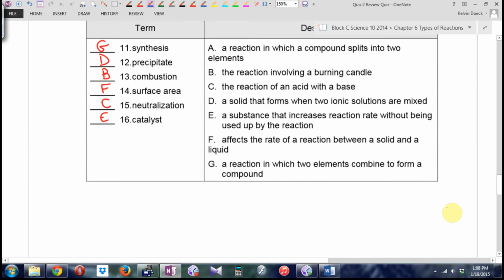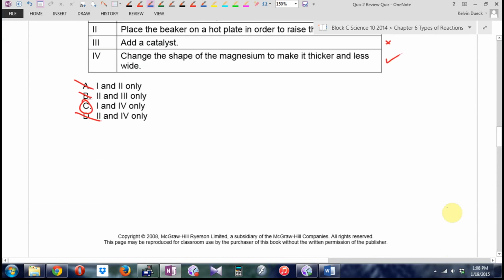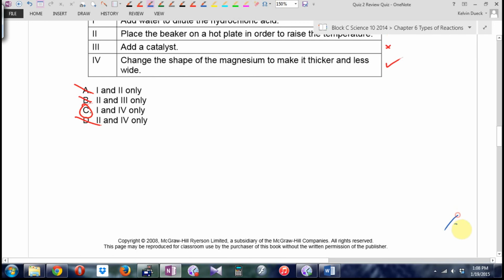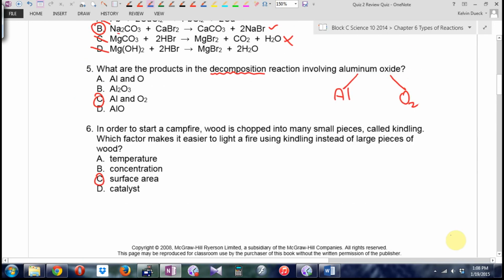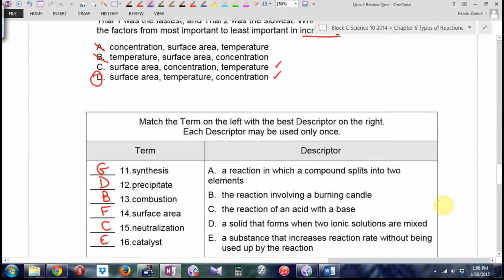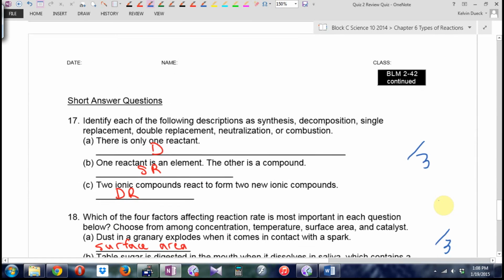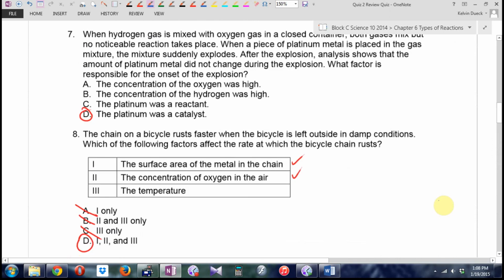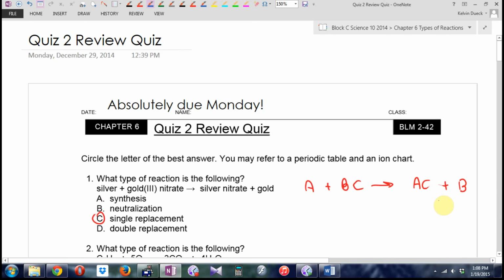Oh, and then this page was out of 1, 2, 3. And this page is out of 6. So ideally, what you really have is 16 plus 18. Hopefully it's out of 34, which is hopefully what I said at the top. I didn't say at the top. Out of 34.